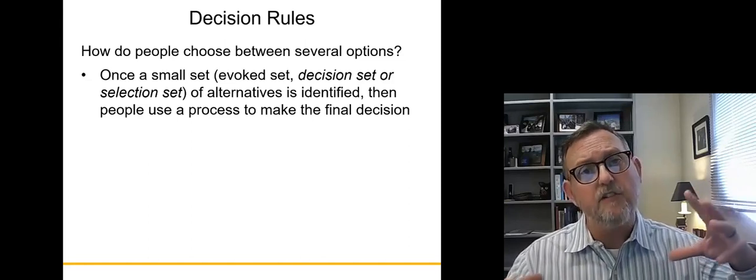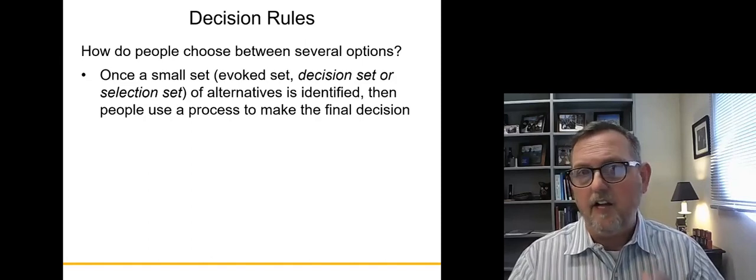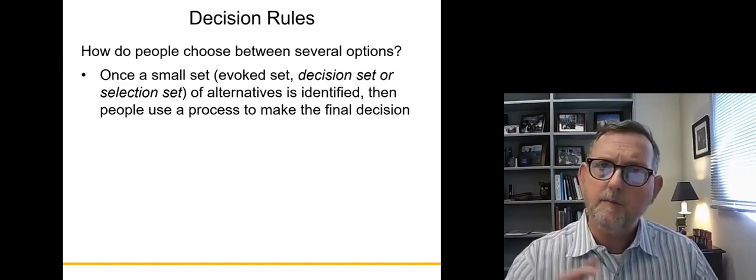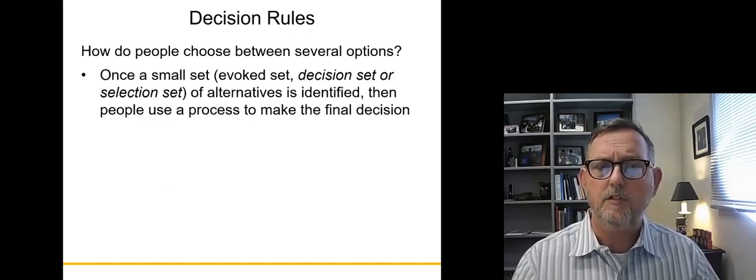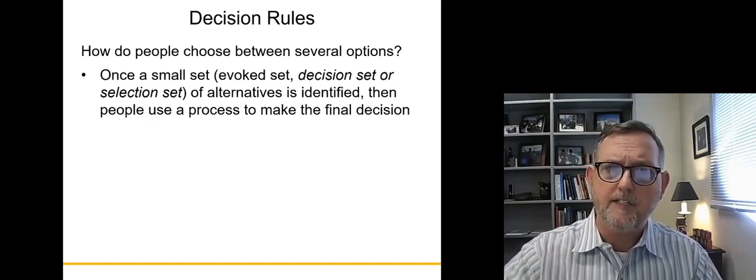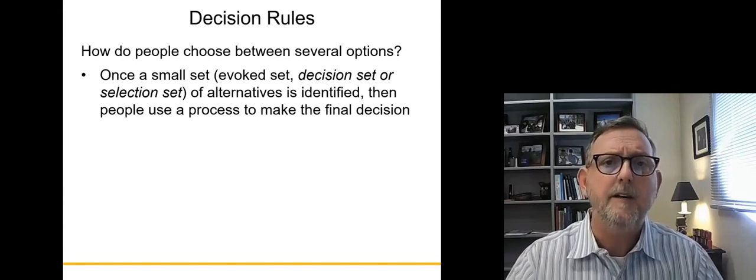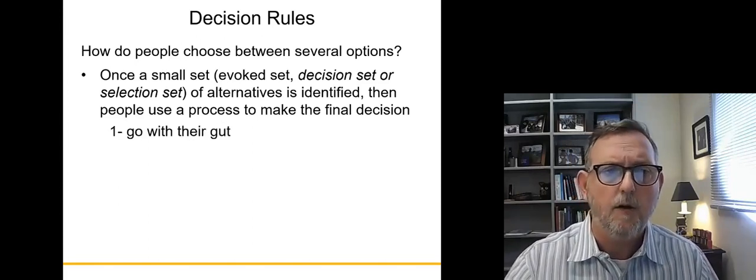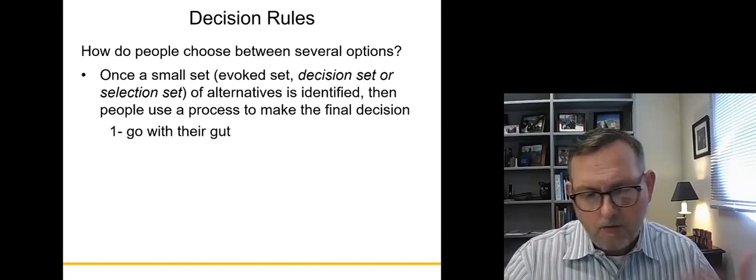So in other words, once you've narrowed down your focus to a handful of potential solutions, then sometimes we use decision rules to order those options, like best to least. So that's like a decision rule process that we might go through.